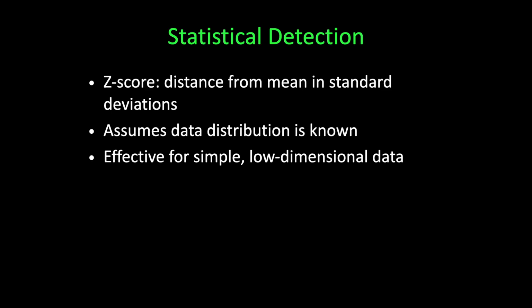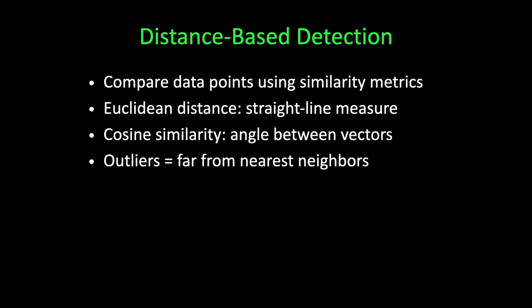However, their weakness is that they rely on assumptions about the data distribution. If your data isn't bell-shaped, or if it has multiple peaks and valleys, simple z-scores might not be accurate. But despite their limits, statistical approaches remain popular in baseline anomaly detection, especially when the data is low-dimensional and relatively well-behaved.